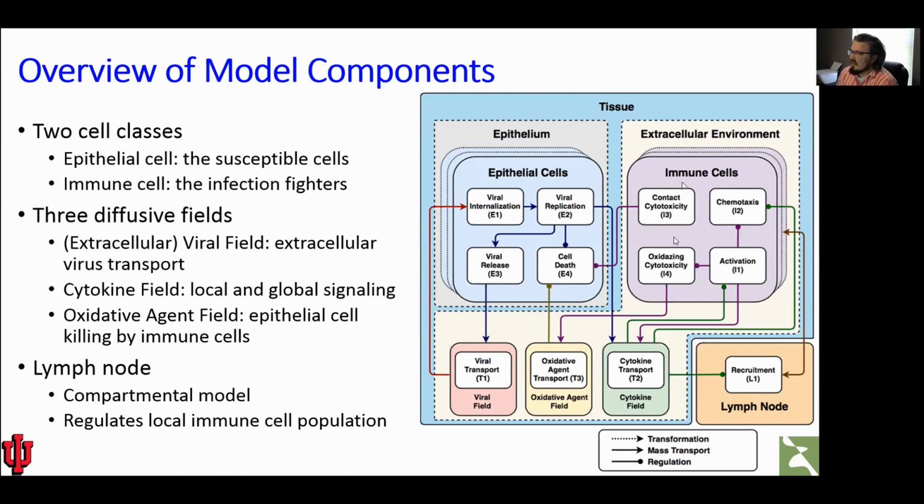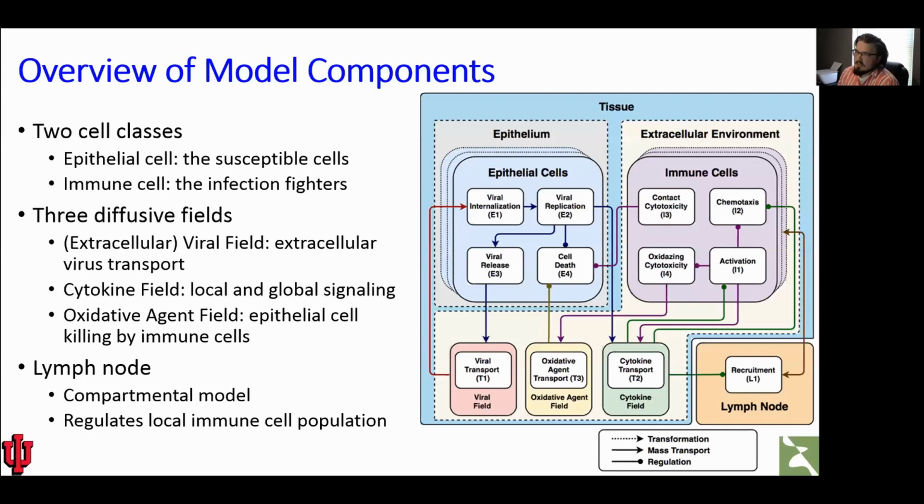They have various killing mechanisms to kill infected cells, either by contact or by secretion of an oxidating agent that will kill infected or uninfected cells at sufficient exposure. Now, with these two cell types, we then also simulate 3 diffusive fields that our 2 cell type populations will be simulated in. Now, the first one is a diffusive field that represents extracellular virus transport around the cells.